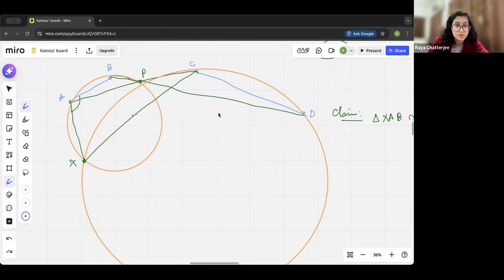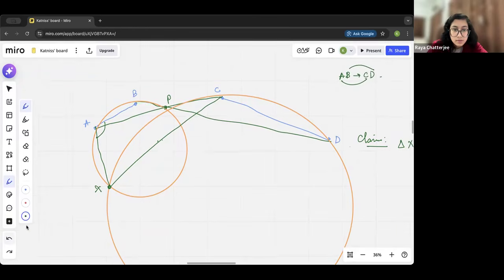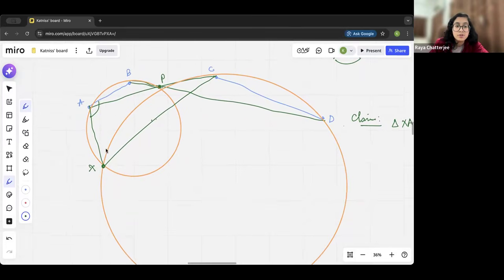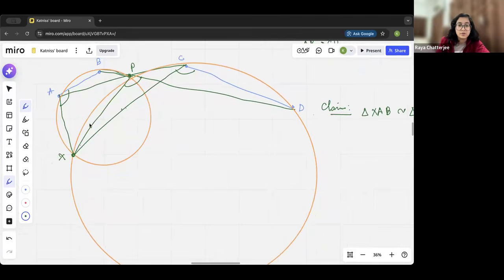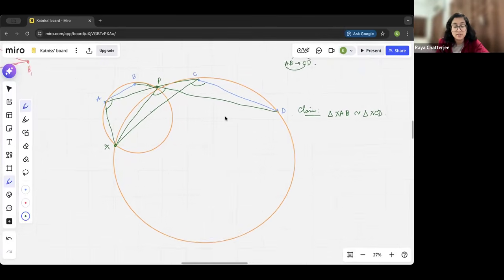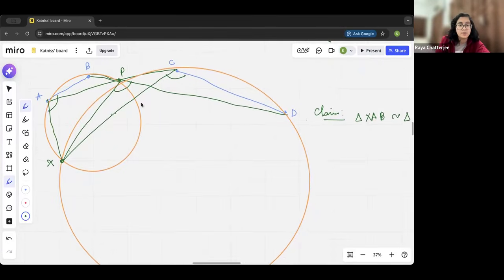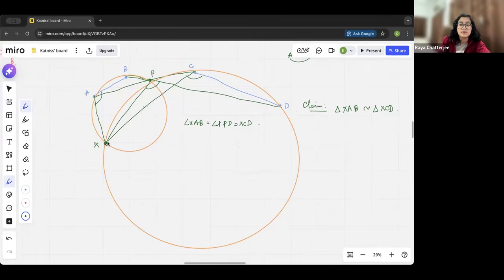Okay, I have a glitch. I want to prove that XAB is XCD. So XAB is equal to XPD by exterior angle of cyclic quads, and XPD is equal to XCD. So I'll just write it down: XAB is XPD is XCD. So done. So yeah, this is the center of spiral similarity.